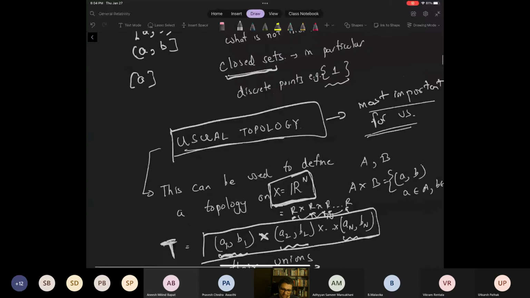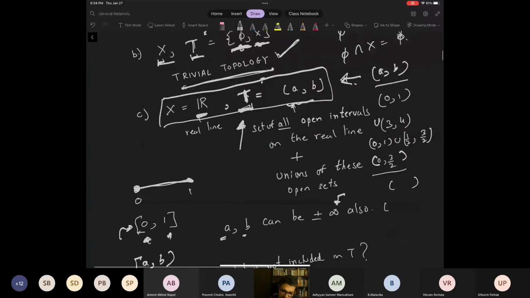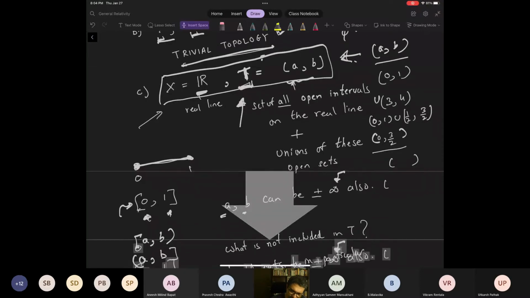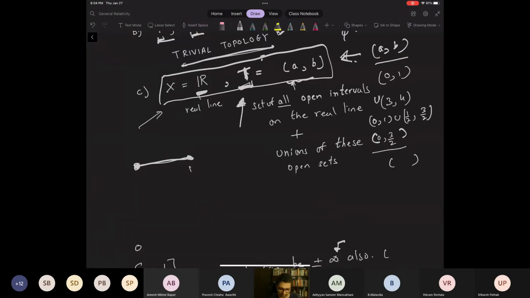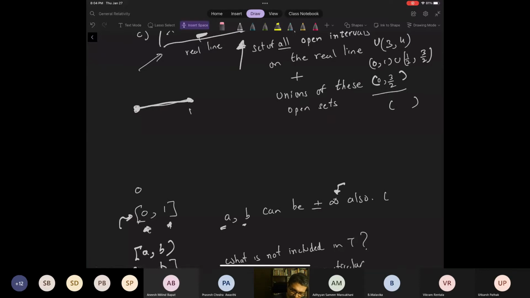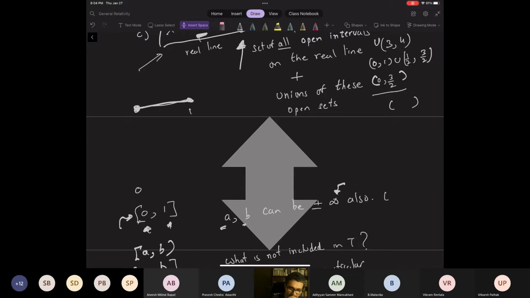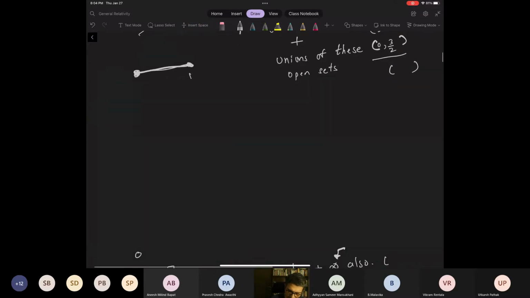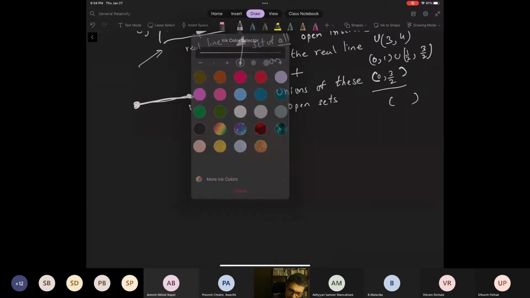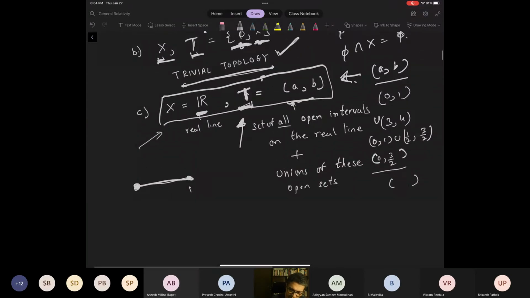So let's just do it for this case. Let me just make some space here. So on the real line, we've taken T to be the set of all open intervals and their unions.